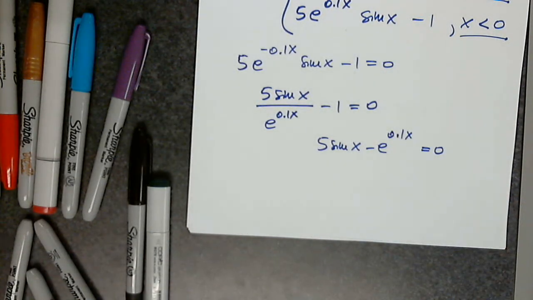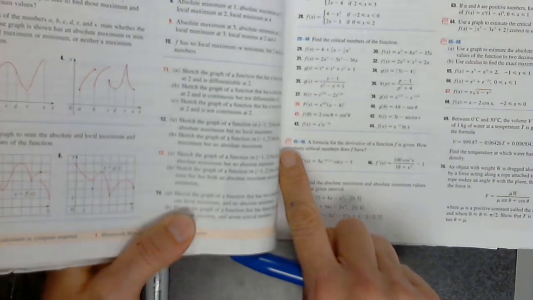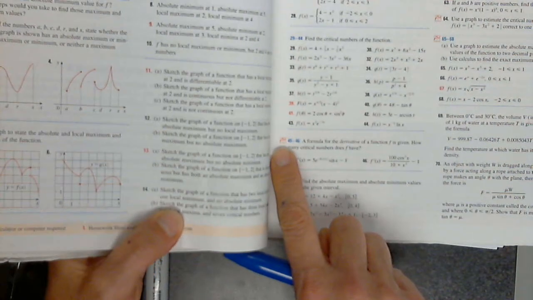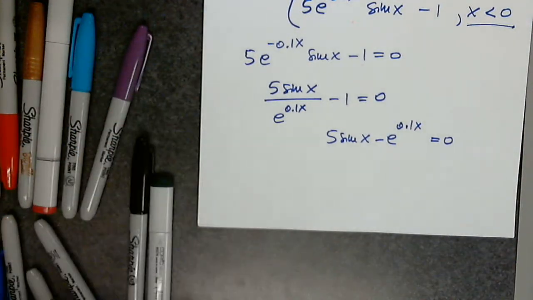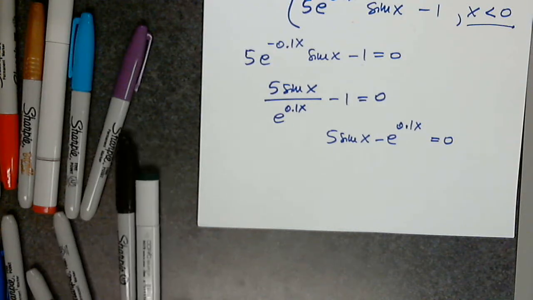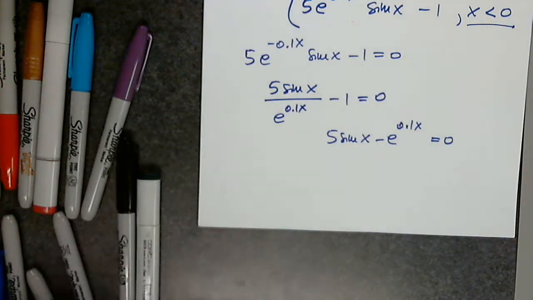Now the question one more time is asking us to use the graphing calculator, as you see, because I can't solve this by hand. So you see the graphing calculator symbol for these problems 45 and 46. I could think in terms of the intermediate value theorem because they are both continuous functions. I could plug in numbers to see what's happening there. I don't know how high I would go.